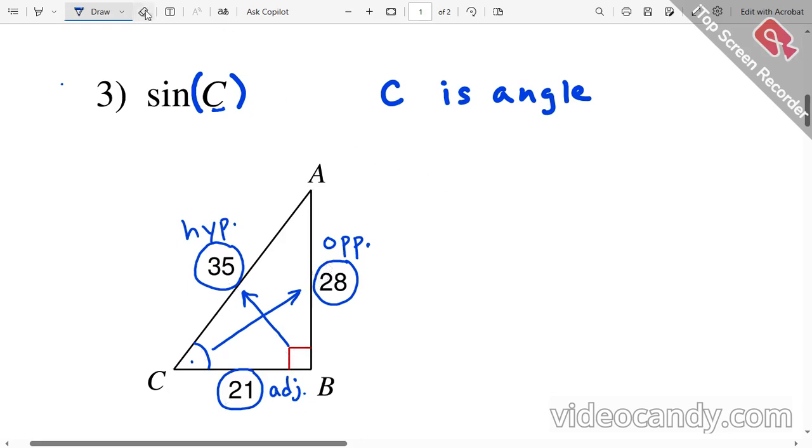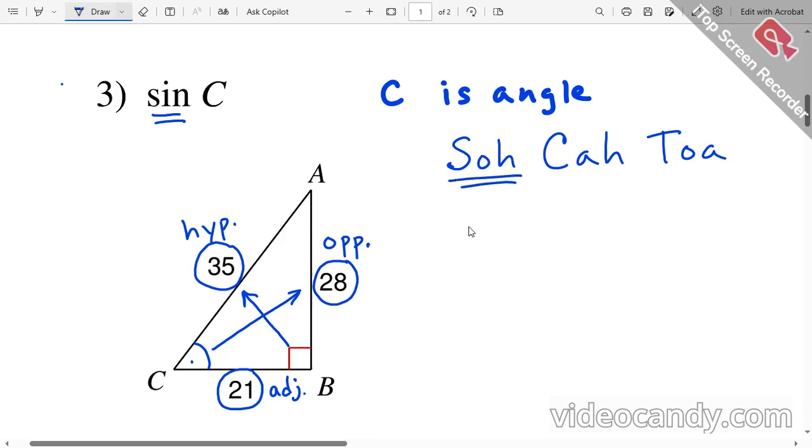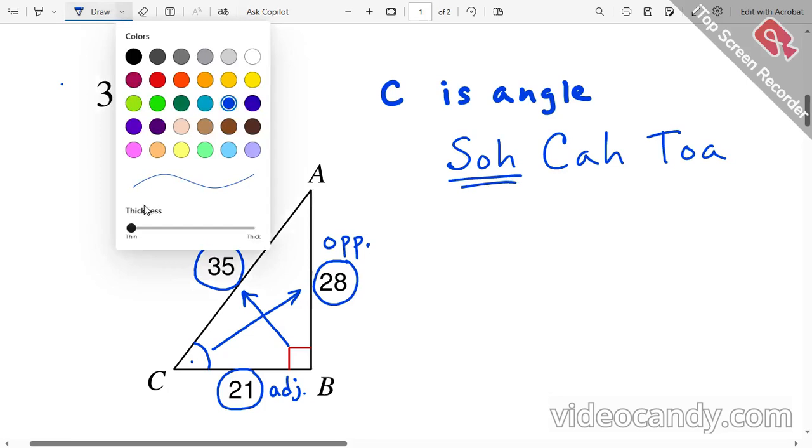Now we want to see which trig function we're using here. We're using sine. If you remember the phrase SOH CAH TOA, the one for sine is the one with the S. So that's the one we're going to be using.